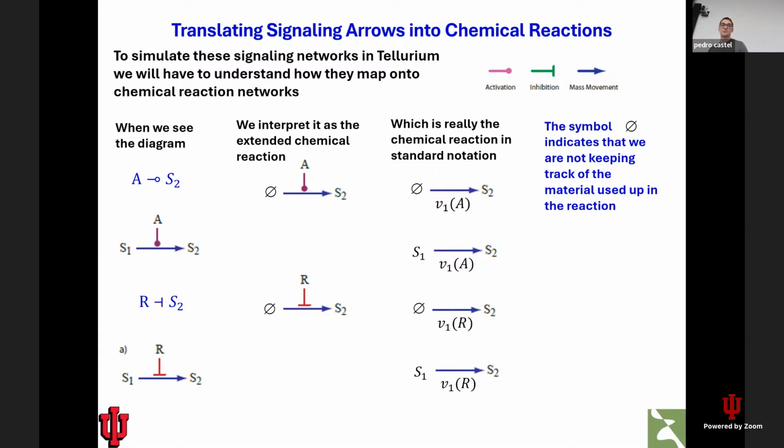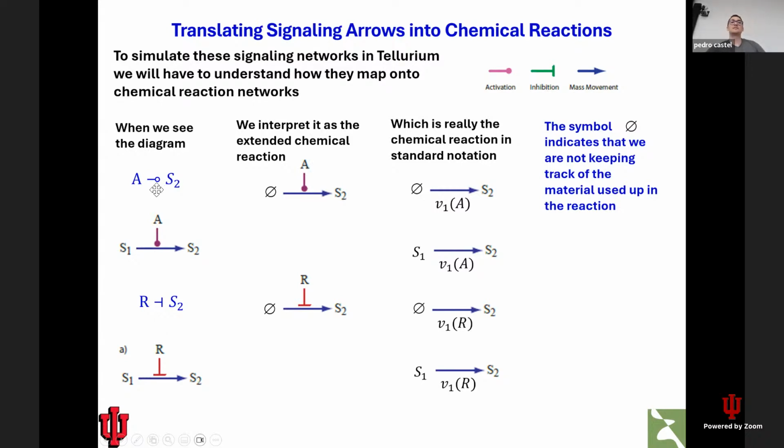So sometimes we go to a certain website, Wikipedia, whatever, and you see A, then this ball arrow, this circle arrow, going to S2. You have to interpret that as something is becoming S2 and A is promoting the transition.